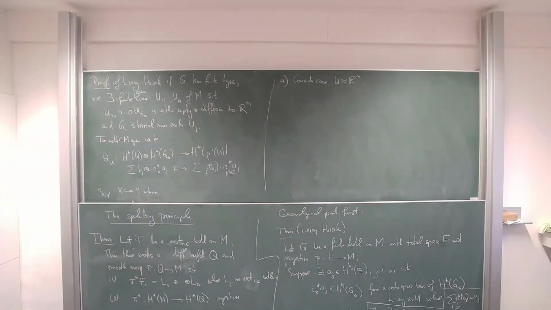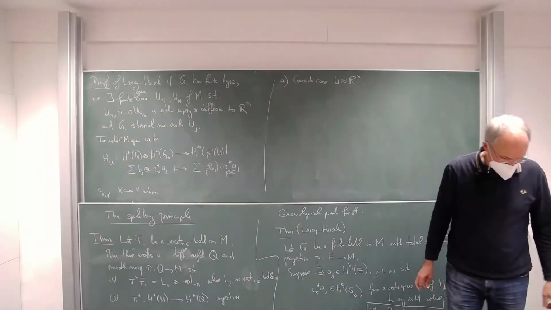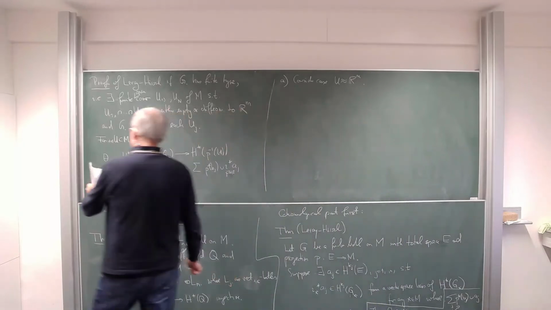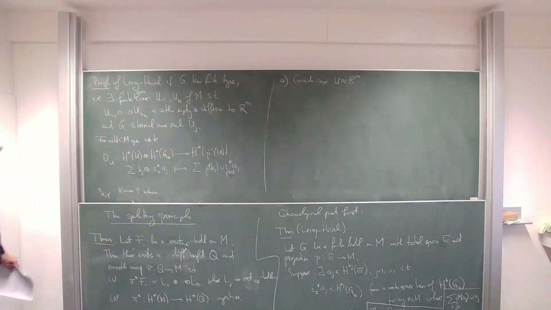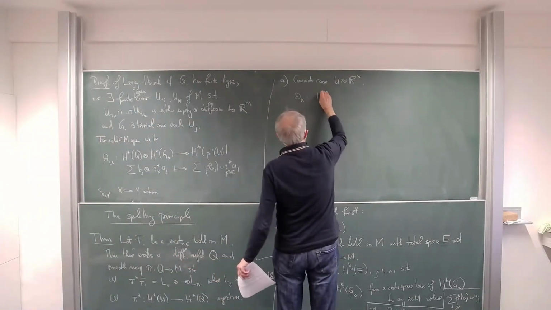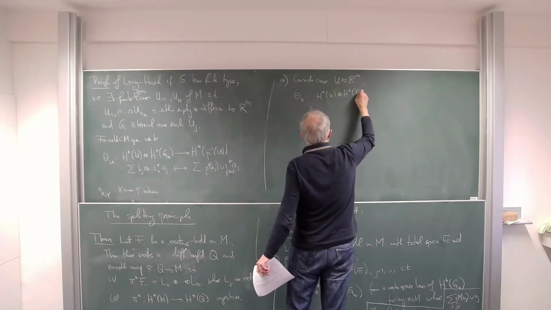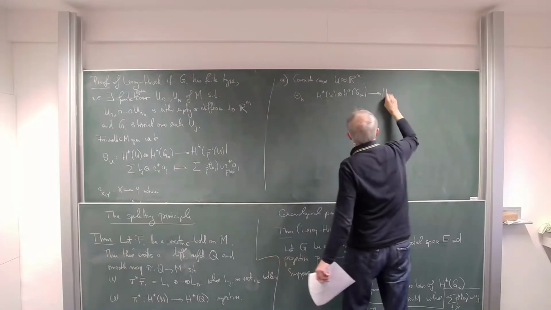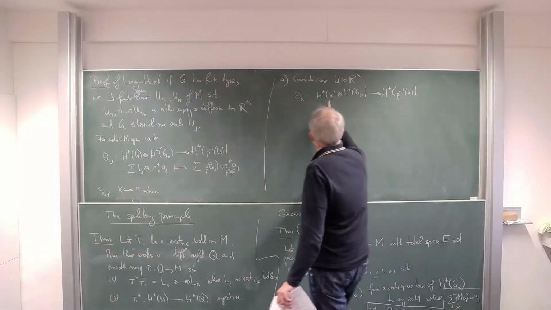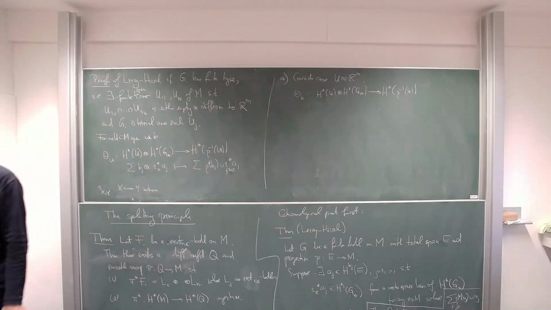So what happens then? Well, in this case, let's look at this map theta U. So this maps H star of U tensor H star of fiber to H star of the total space restricted to U. Now, since U is diffeomorphic to Rn, there's not a lot of homology surviving here.